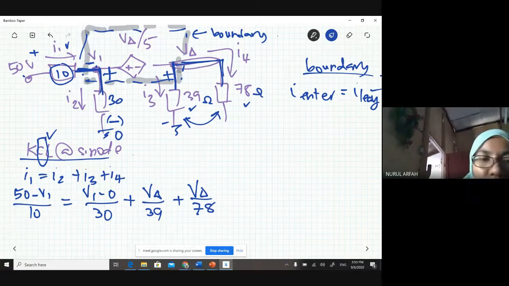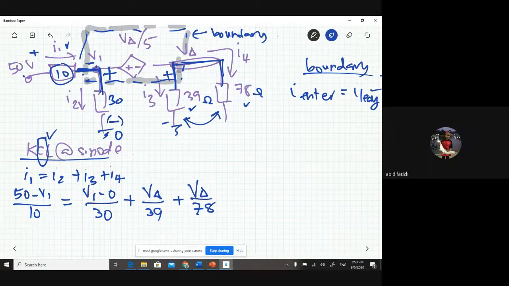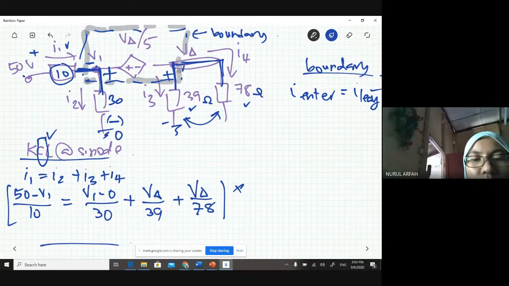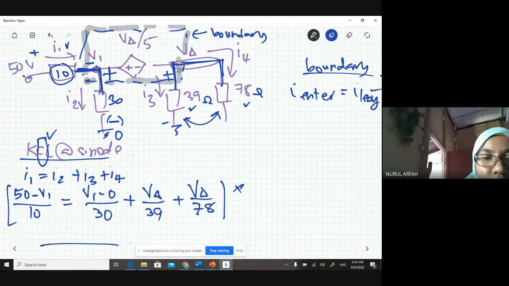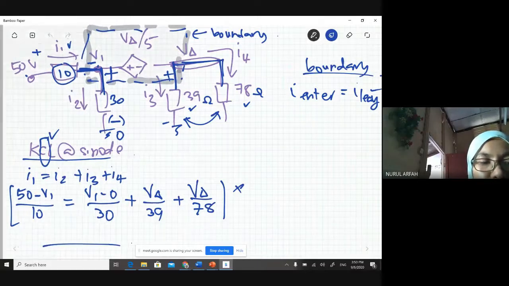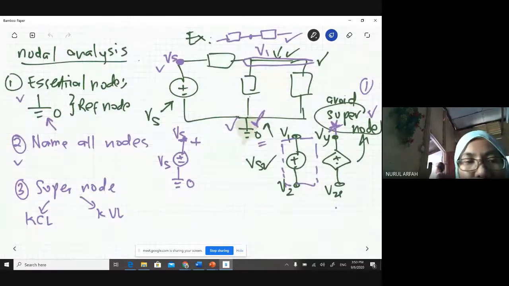So far so good? Over here, you need to clear all the denominators, simplify it, and then you get some equation here.